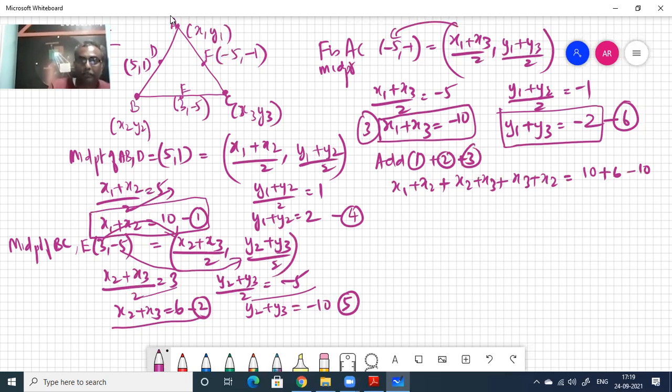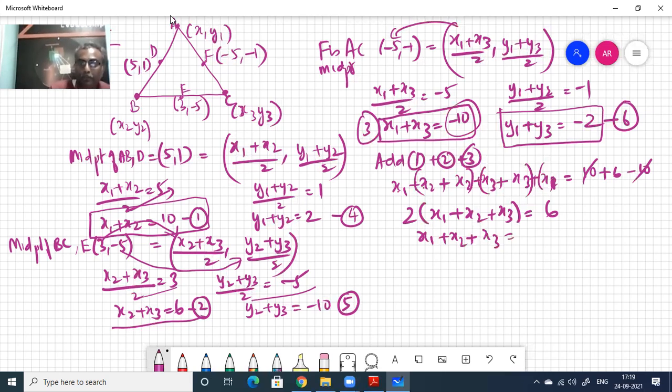So that is 2x1, 2x2, 2x3. So 2 into (x1 plus x2 plus x3) is equal to 10, and the 10s cancel each other, leaving 6. Therefore x1 plus x2 plus x3 will be equal to 6 divided by 2, which is 3.